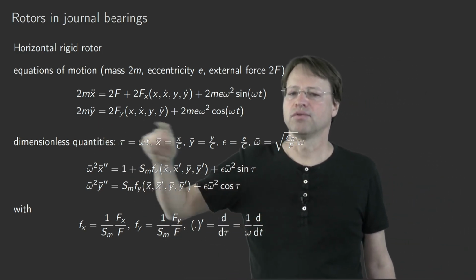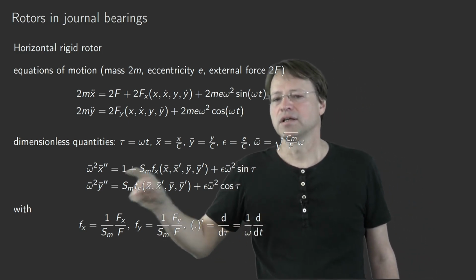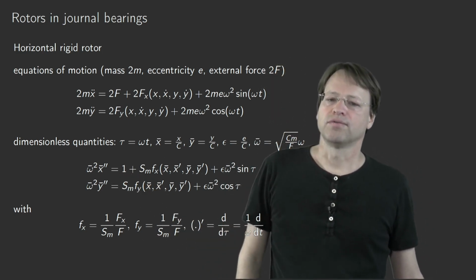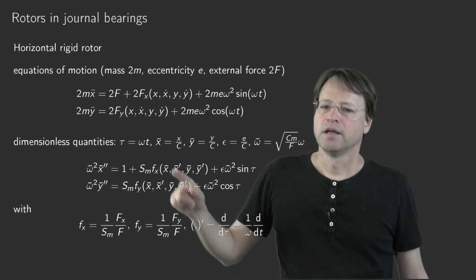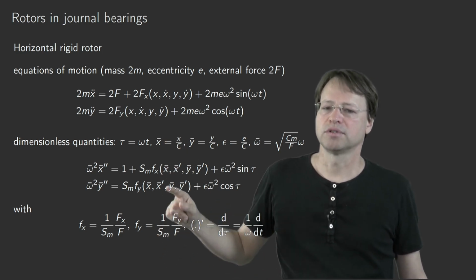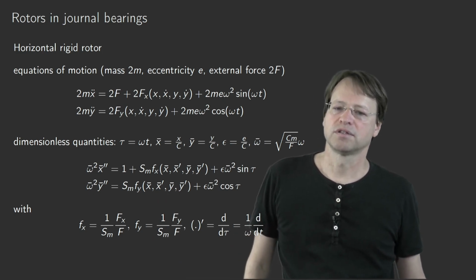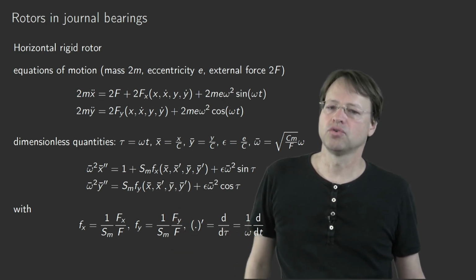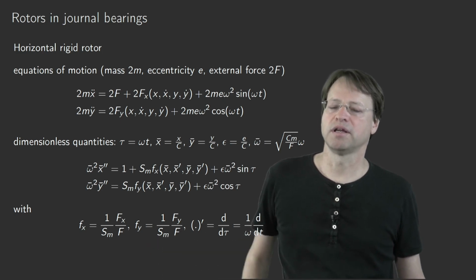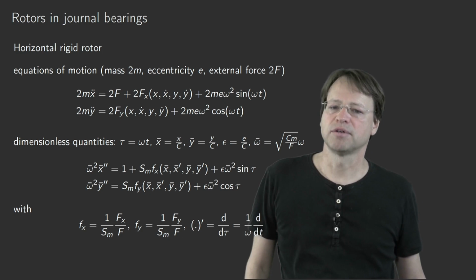Same for the second equation. You can see the first term on the left side is transformed in the same way as the first term of the first equation. For the bearing force, the same holds as before, so we have 1 divided by Sm, f sub y divided by f, so that f sub y divided by f is replaced by lowercase fy times the modified Sommerfeld number.